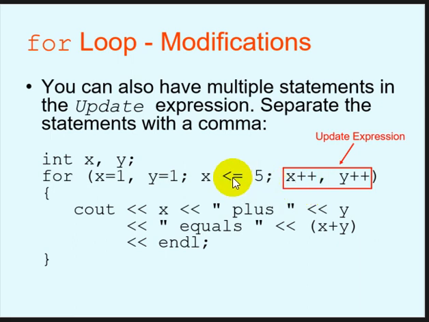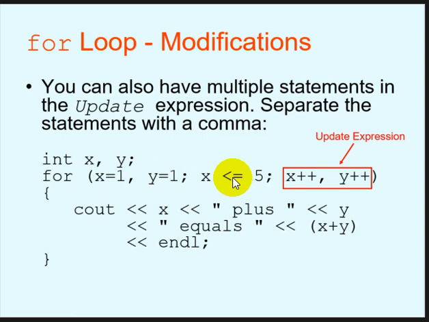But what about multiple tests? You can also perform multiple tests, like if x is less than or equal to 5 and y is equal to 5. Suppose you want to test two conditions. How can you put them? This time you cannot use the comma. You have to use the logical operators, like x less than 5 and y less than 4, or x less than 5 or y greater than 3.